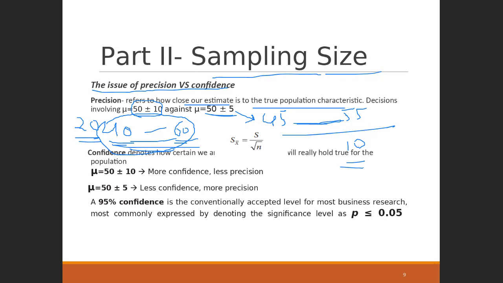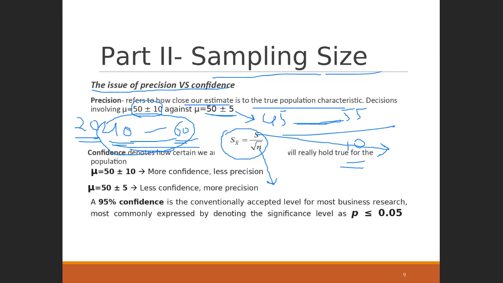Now, if we look at the formula which is given in your slide, this particular formula has three different terms. N refers to your sample size. S refers to the standard deviation of the sample.